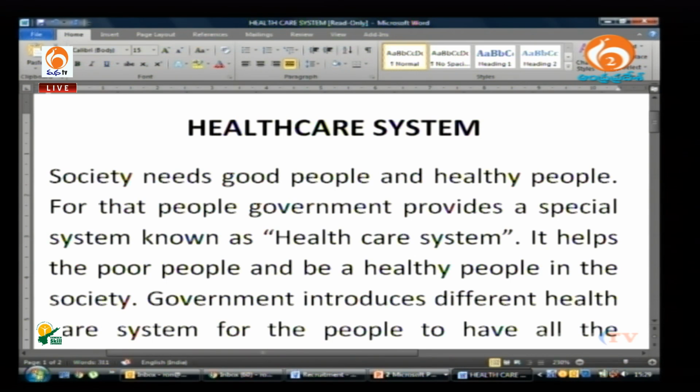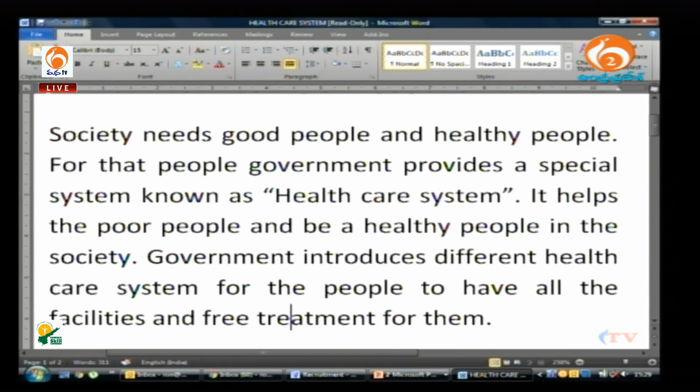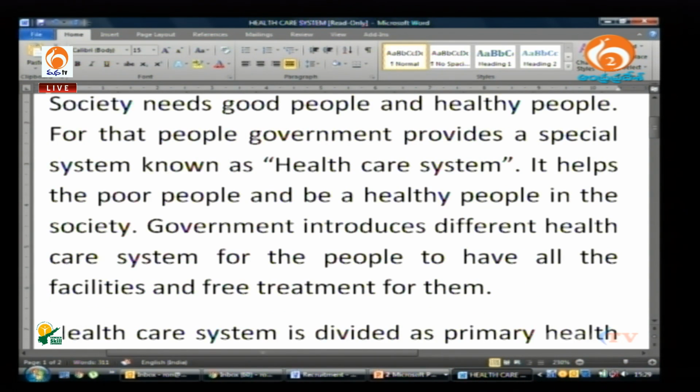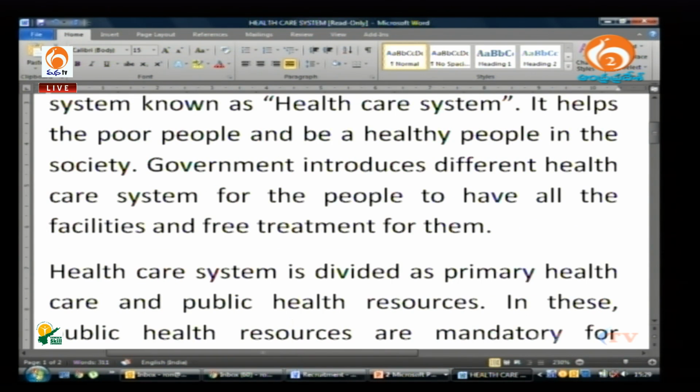Society needs good people and healthy people. For that people, government provides a special system known as healthcare system. It helps the poor people and be a healthy people in the society. Government introduces different healthcare system for the people to have all the facilities and free treatment for them. Paragraph number 2.